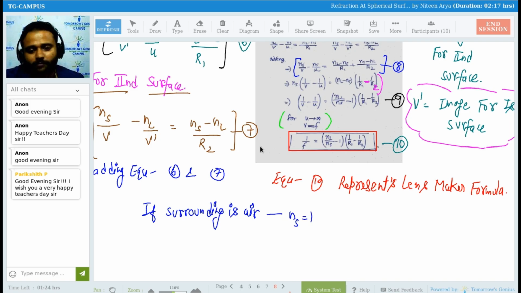So equation number 10 can be rewritten as 1 by f equals n minus 1 times (1 upon r1 minus 1 by r2).